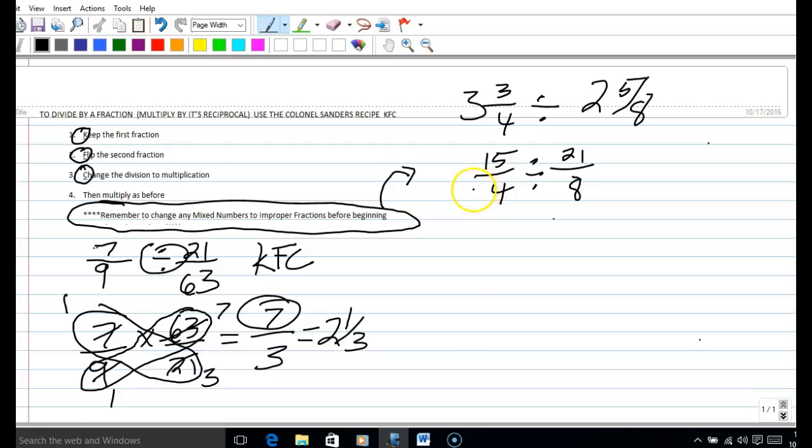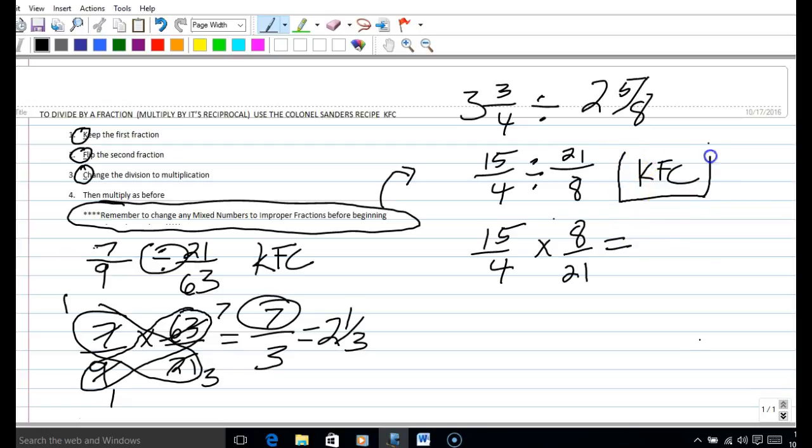Now the only thing I've done in the first step here is simply change the mixed numbers to improper fractions. Now I still need to apply my friend the Colonel's recipe, which is keep the first fraction, flip the second fraction, and change the division to multiplication. Now once I apply the procedure for division of fractions, or as I'll call it KFC, then I have created a multiplication problem.